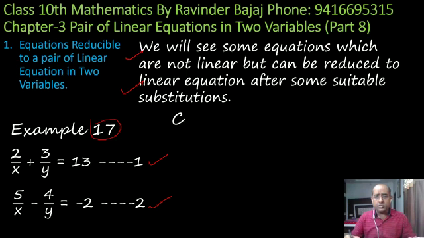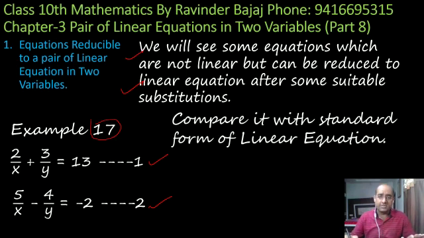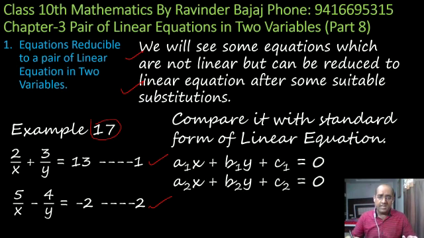Compare these two equations with the standard form of linear equations: a1x plus b1y plus c1 is equal to 0, and a2x plus b2y plus c2 is equal to 0. Here x and y have power 1, but in equation 1 and equation 2, x and y have power minus 1, which is not a linear equation.